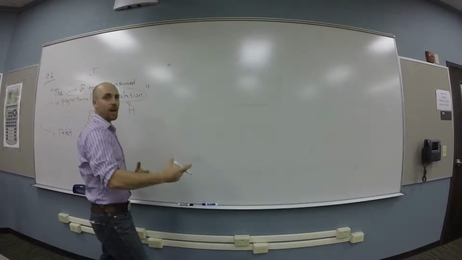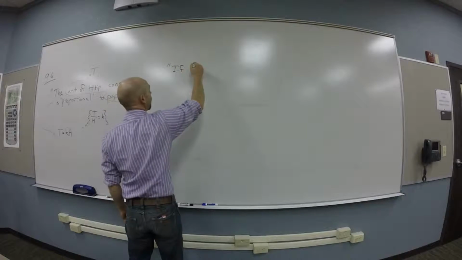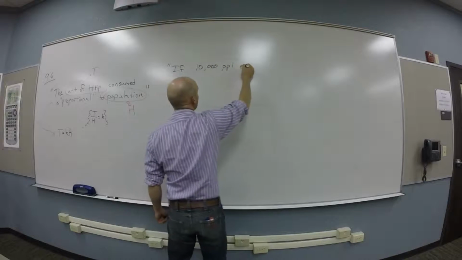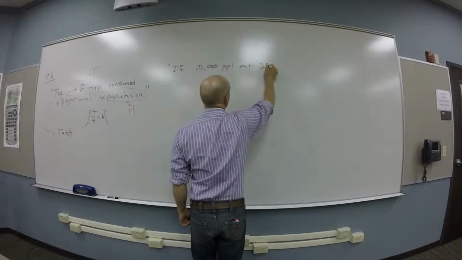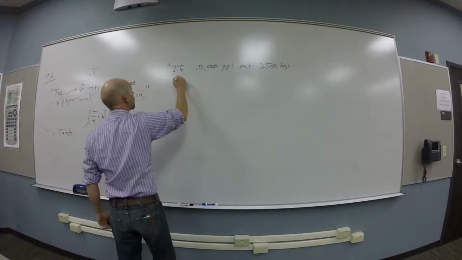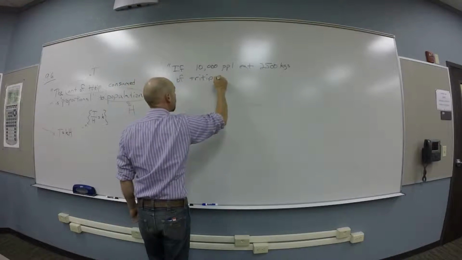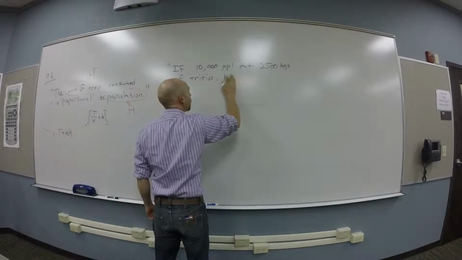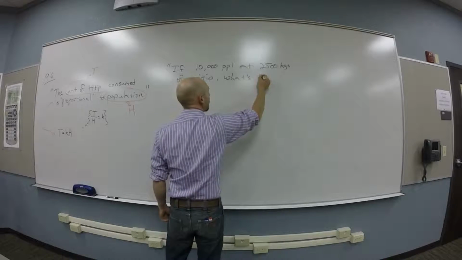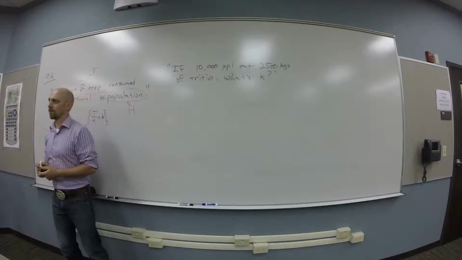The next sentence, the one that asks me to do something, might say something like, if 10,000 people eat 2,500 kilograms of tri-tip, maybe not how much, but what's K? What's that constant of proportionality?